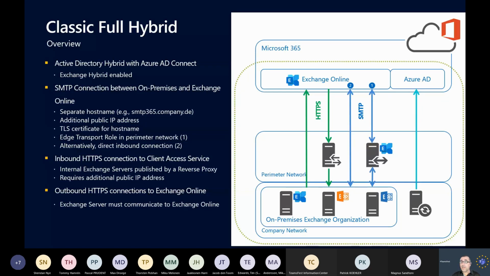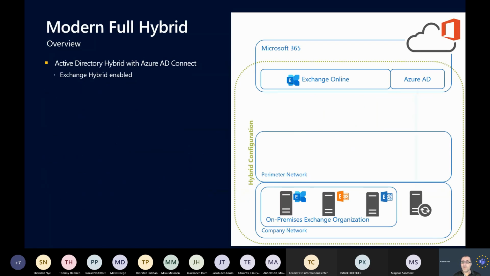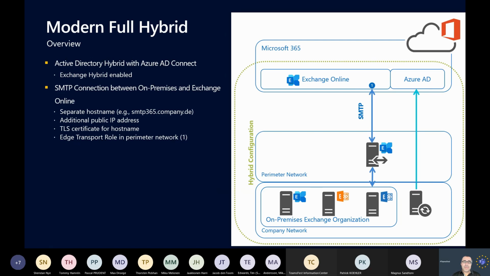So where's the main difference between the classic full hybrid and the modern full hybrid? Again, we need to have Azure AD Connect synchronization in place and Exchange hybrid enabled. This is the same requirement as for the classic full hybrid.